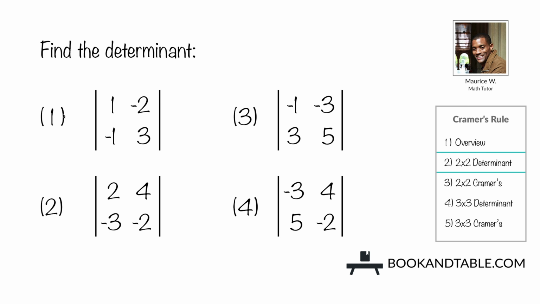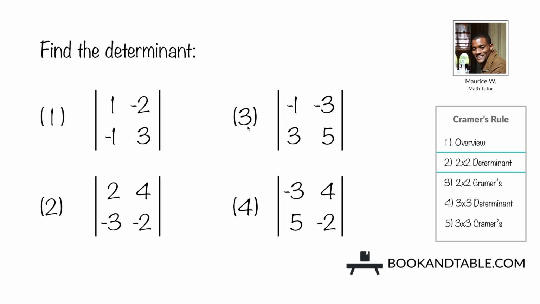Question number 1, find the determinant of this 2x2 matrix. Column 1, we have positive 1 and -1. Column 2, we have -2 and positive 3. Question number 2, column 1, we have positive 2 and -3. Column 2, we have positive 4 and -2.